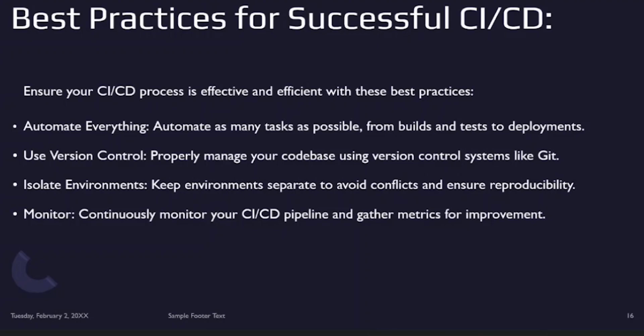Use version control: properly manage your code base using version control systems like Git. Isolate environments: keep the environments separate to avoid conflicts and ensure reproducibility. And continuously monitor the CICD pipeline and gather metrics for improvement.